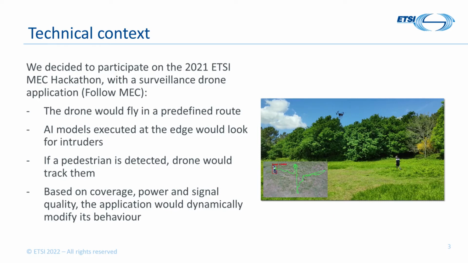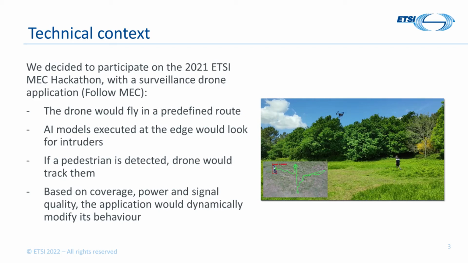Pedestrian detection would be performed by AI algorithms. Due to latency requirements and computational needs, the inference could be executed at the edge, generating flight commands used by the drone for target tracking. If the intruder leaves the surveillance area, the drone would return to the predefined route.